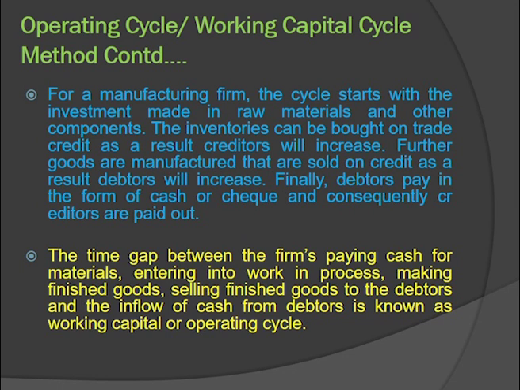The reason is that converting the raw materials into finished goods takes some time, and we need to have more and more investment, that is the working capital, at every stage. That is the conversion of raw materials into work in progress, and work in progress to finished goods to sales, and sales to cash.